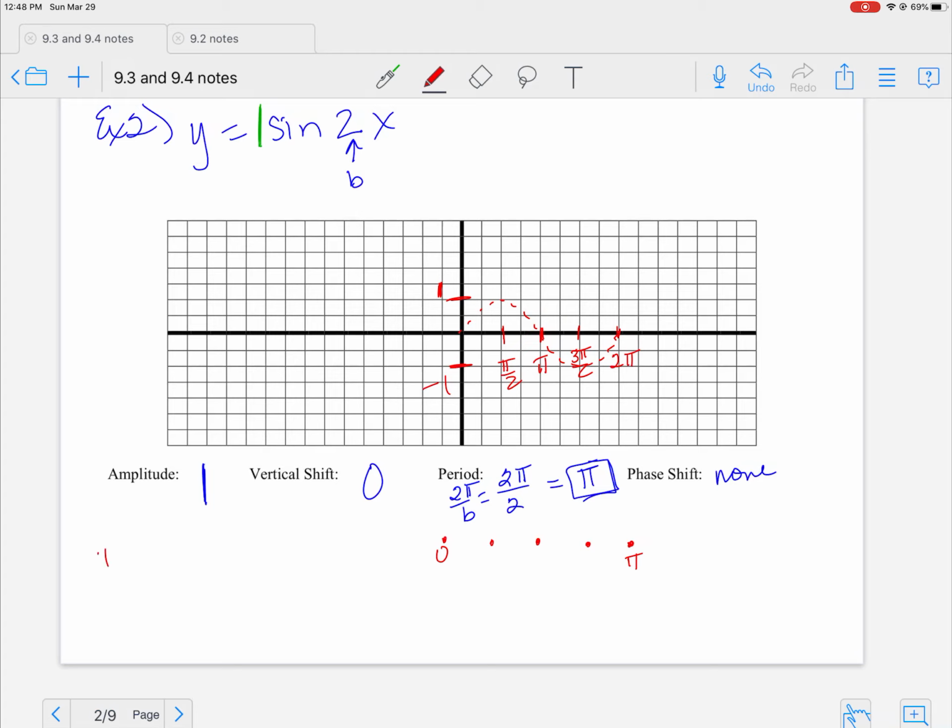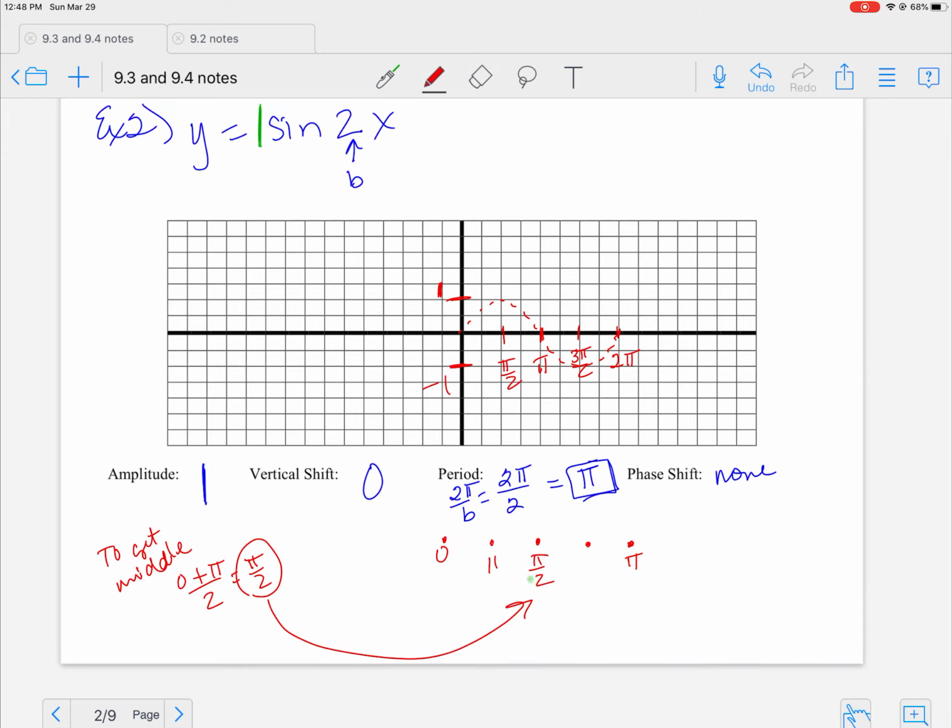I have to have a middle, and then I have to have the middle of each one of those. How do you get the middle of anything? Add it up and divide it by 2. So 0 plus pi divided by 2, and that's where I get pi over 2.